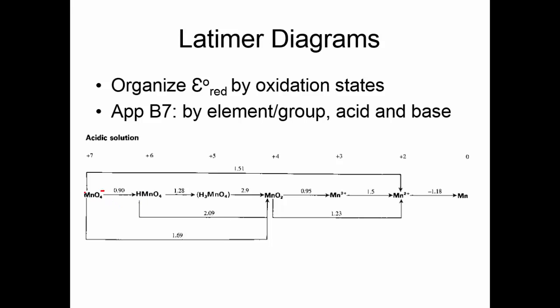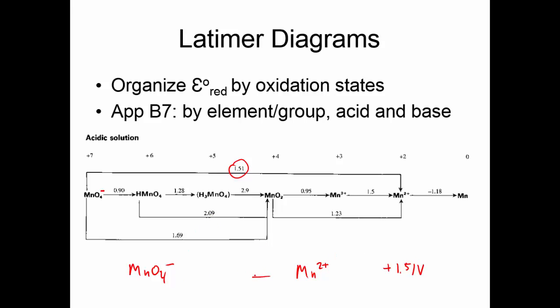Say we want to know, well, what is the standard reduction potential going from permanganate to manganese 2+. The standard reduction potential is this, positive 1.51 volts.